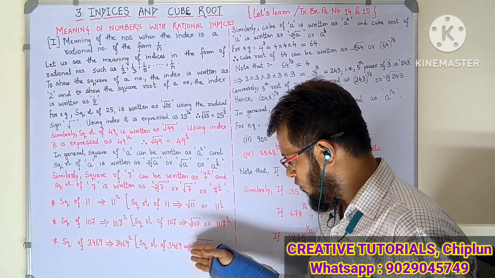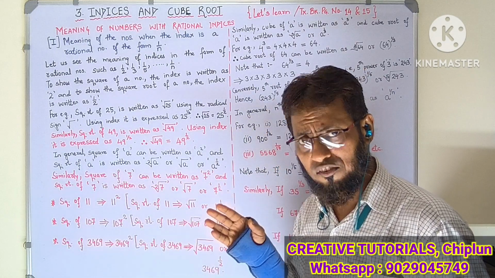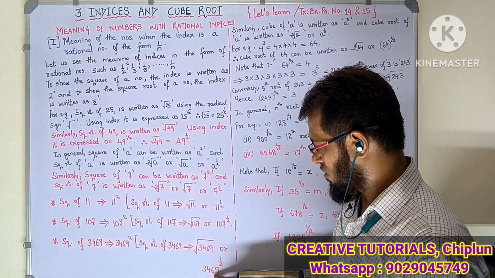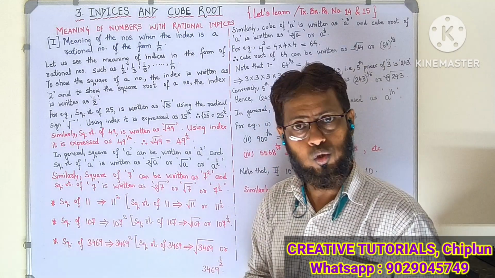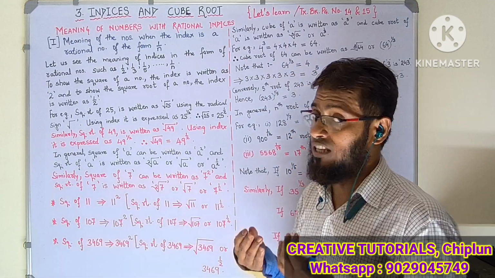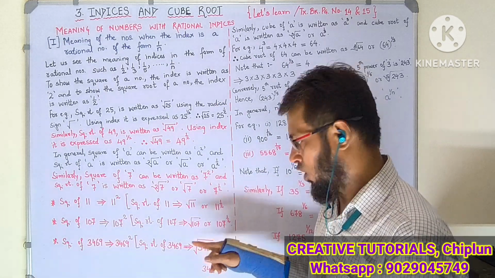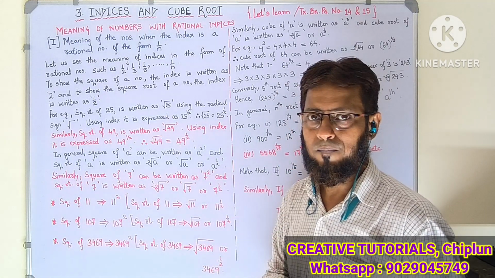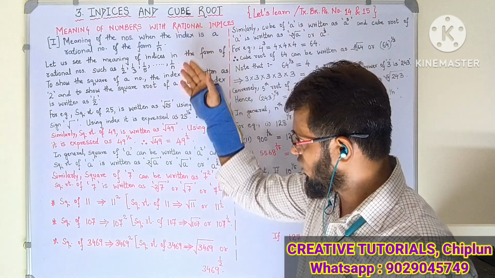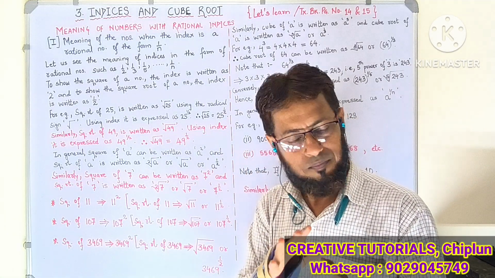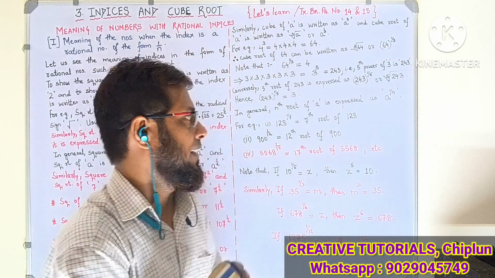And if I want to remove this radical sign or root sign, in other words, it becomes 3469 raised to 1 upon 2, and this 3469 is nothing but our radicand, as you know now. And 1 upon 2 has come from this radical sign. I hope that this part is very well understood by each and everyone. Perfect. Let's go on this side now.